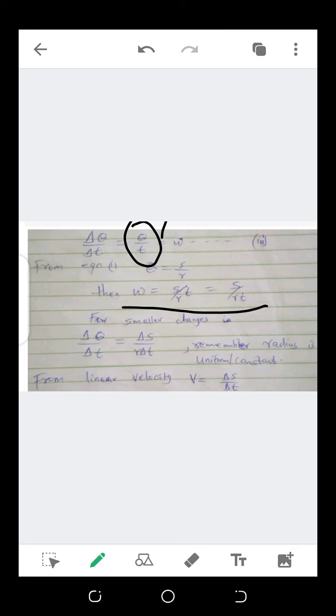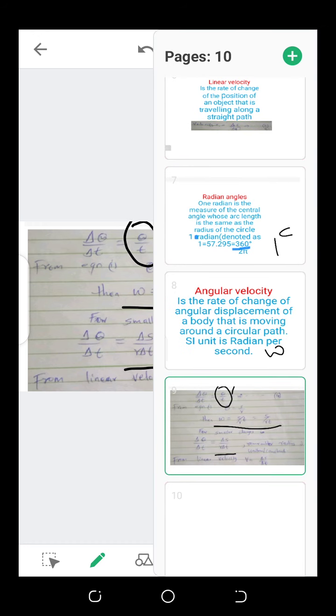Now from linear velocity, we know that velocity is change in S, you divide by change in t. I want you to see this part here, that change in S over change in t is the same as here. So I can replace it directly.